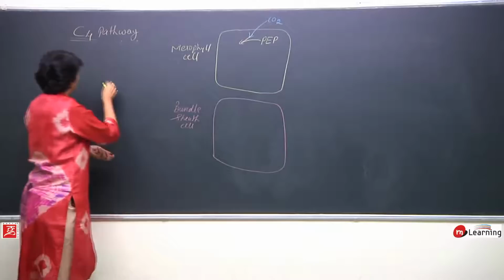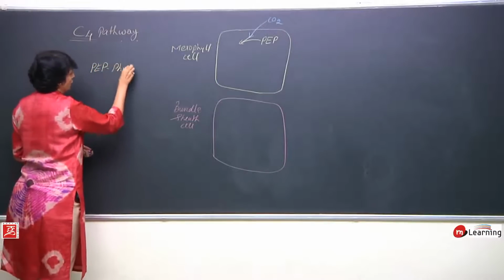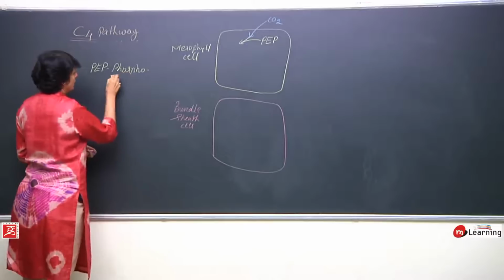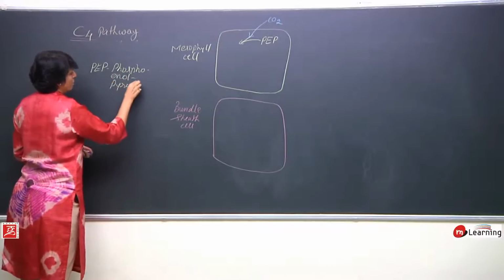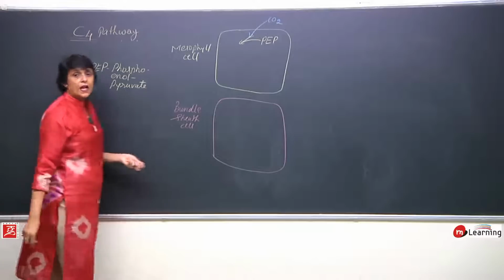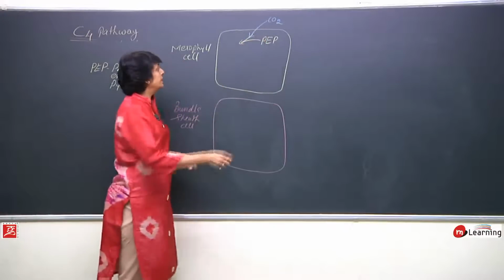Let us write down what PEP stands for. It is phosphoenol pyruvate. It is a 3-carbon compound which is going to accept carbon dioxide.